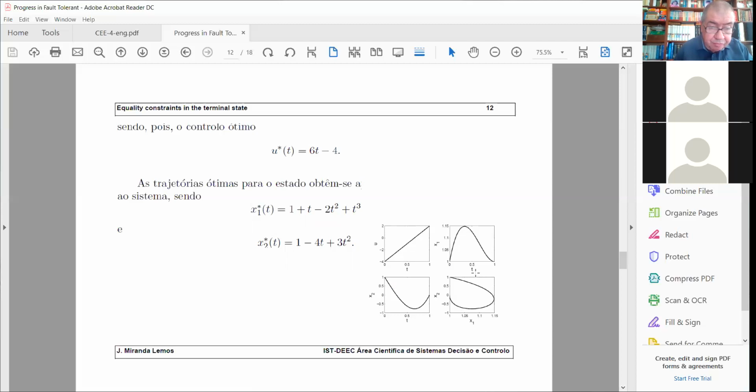In this graph, you see x1 as a function of time, here x2 as a function of time, and here is the state space. So you start here and you do this movement up to this last point, just to verify that with this control function, you meet the specification of going to 0, which you actually do.